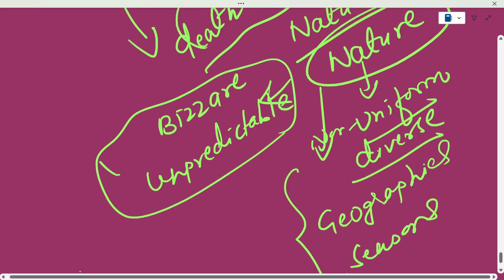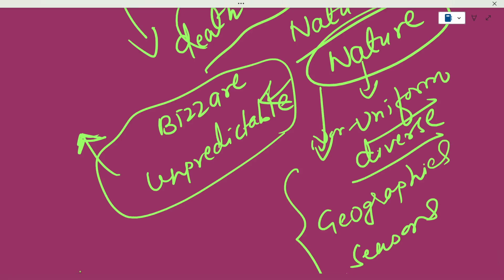Then why should the genetic makeup or genetic composition of life forms be uniform?